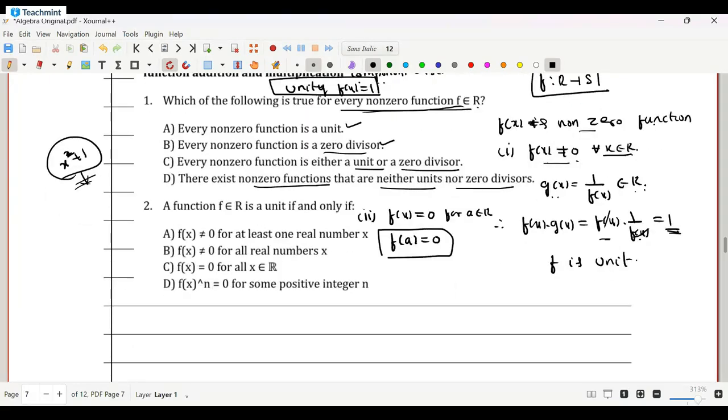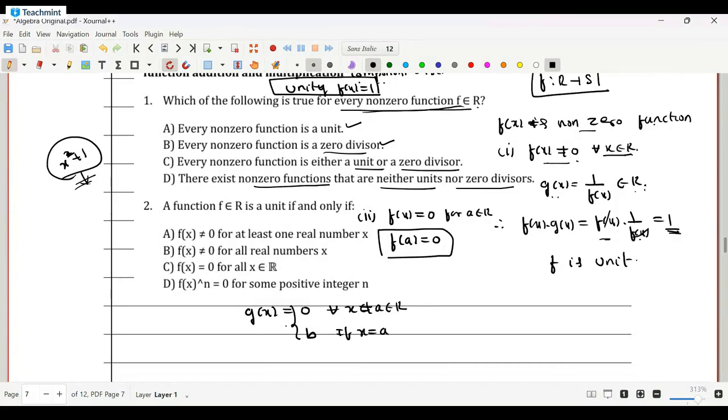Okay, so then we can define another function g of x equal to 0 for every x not equal to a, and equal to some number b if x is equal to a.